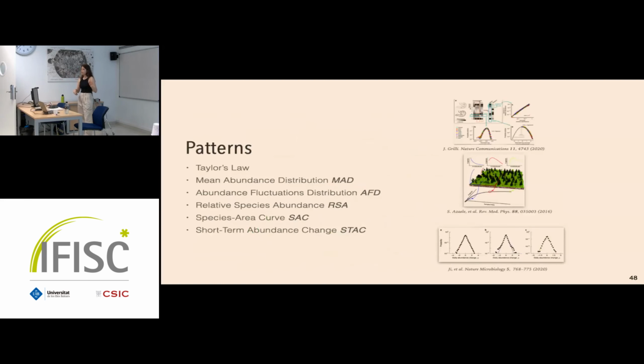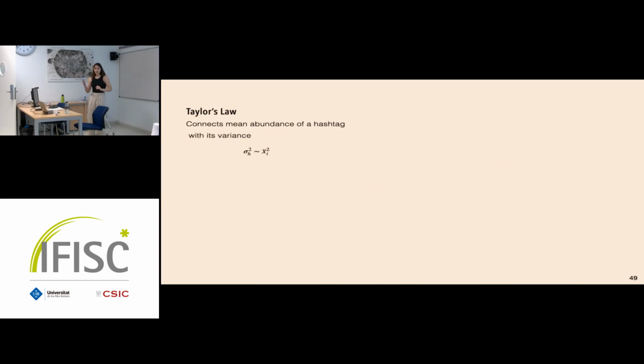And the patterns that we are going to look for are 6 very well-known patterns in ecology, and I'm not going to go through all of them, but just let me present you 3. This is the Taylor law, which connects the mean abundance of species with its variance, of hashtags in this case. And the scaling that is proposed is with an exponent of 2.